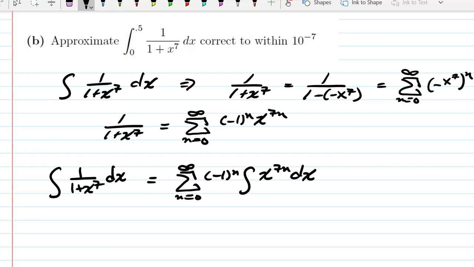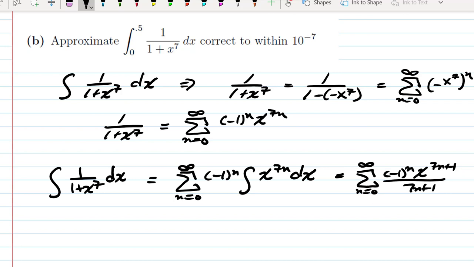So then, as always, we take our antiderivative of a polynomial using the polynomial rule, which is we add 1 to the exponent and divide by it. So we get x to the 7n plus 1 all over 7n plus 1.